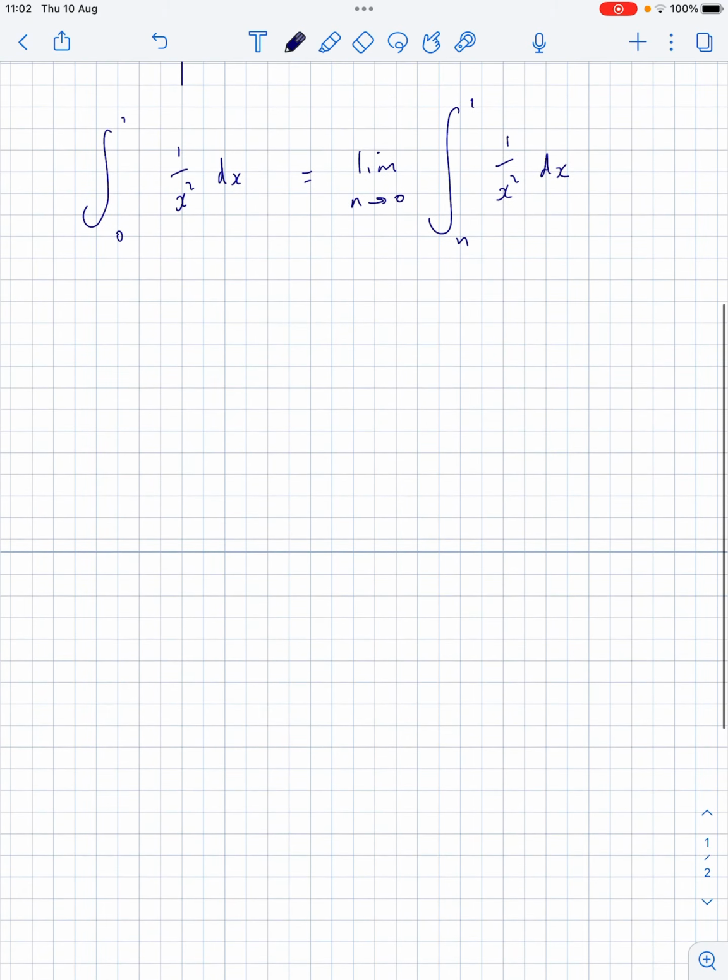So let's go through and do the integration. It's not the most challenging. So we get minus 1 over x, and I'm going to evaluate that between 1 and n. And that means that's equal to the limit when n tends to 0.